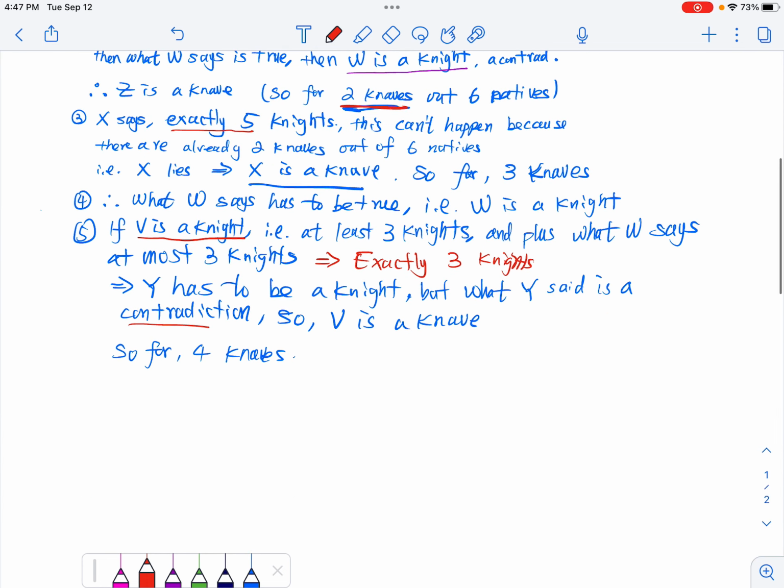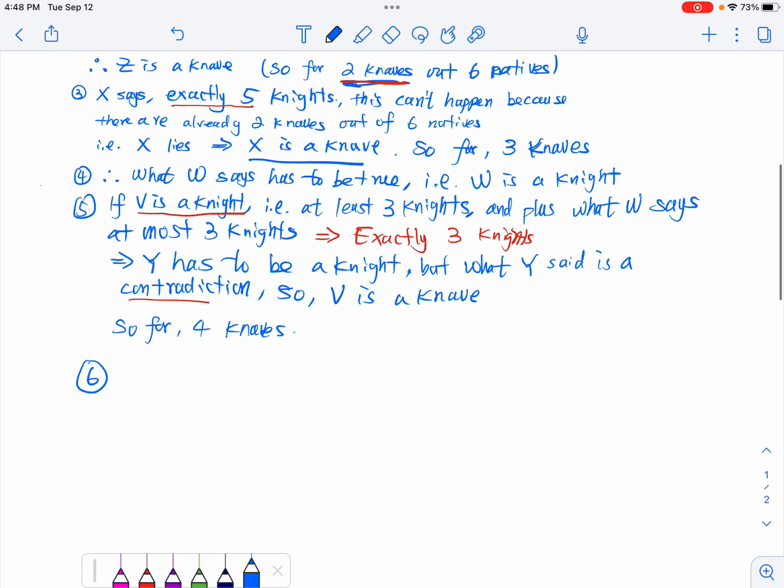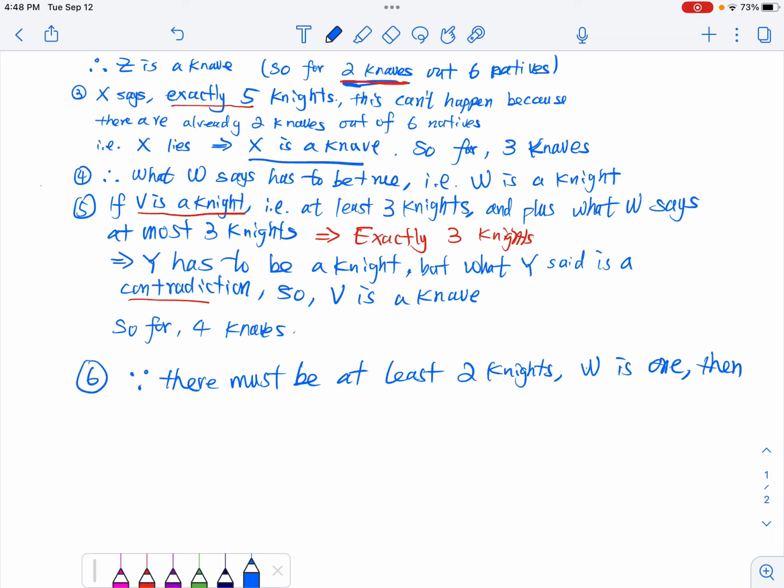Okay. So last step, because there must be at least 2 knights, and W is 1, then Y has to be the other one, the second one.